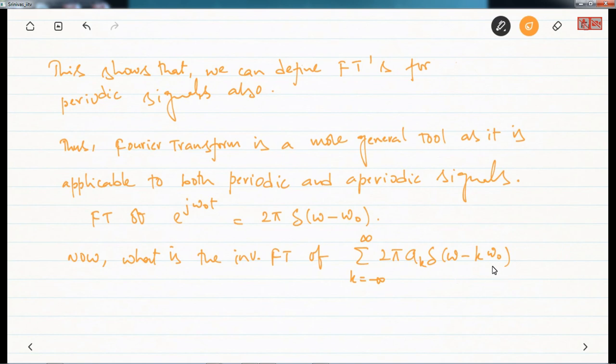Now we are trying to find the inverse Fourier transform of this whole bunch of signals.